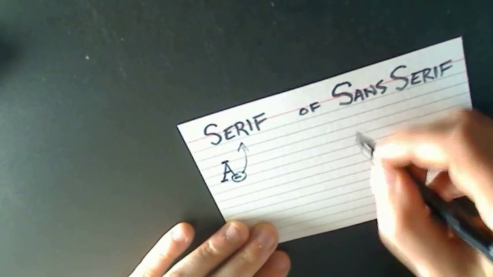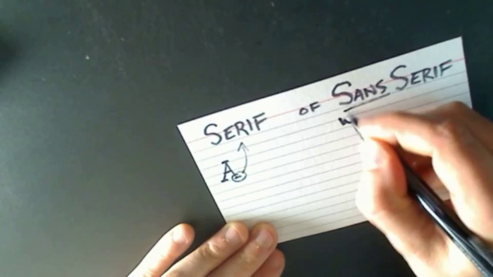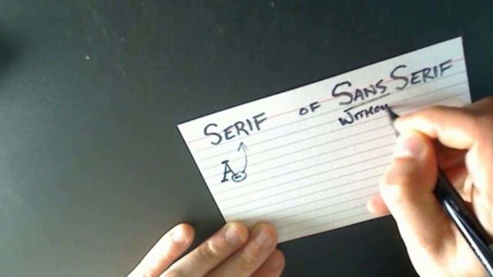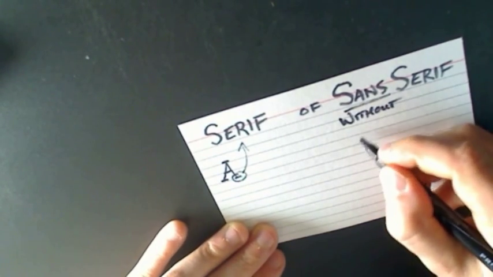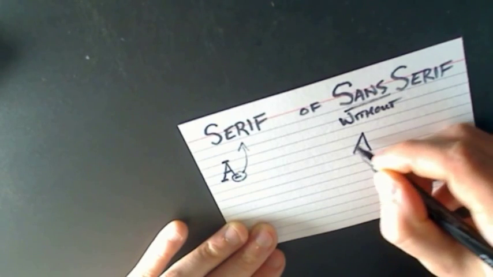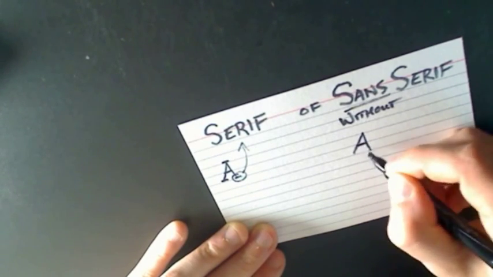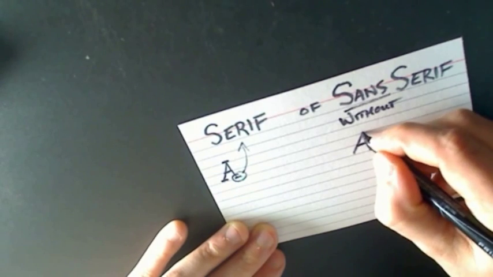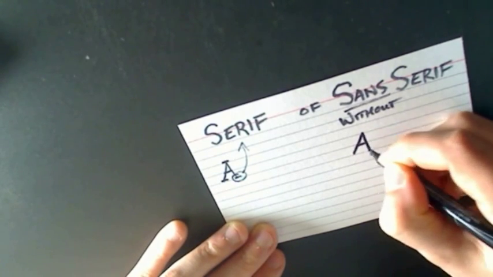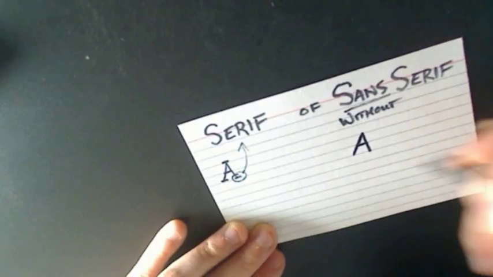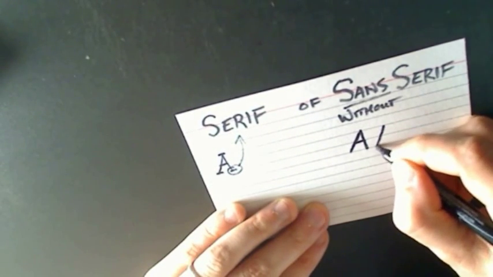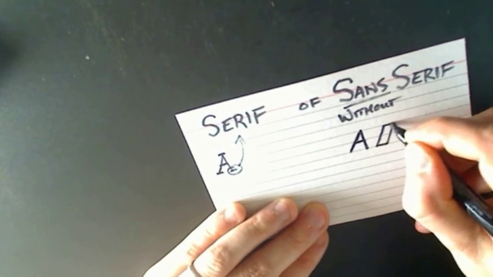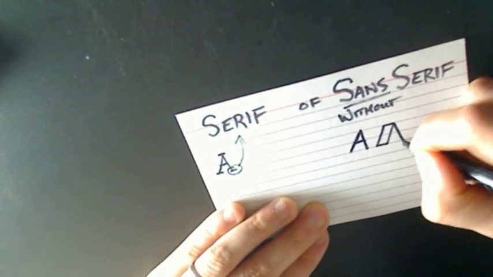In a sans-serif, sans just means without. So a sans-serif is just an A that doesn't have these. It's just kind of a straight line. I mean, there's different variations on this. You can still have bold, serif and sans-serif.